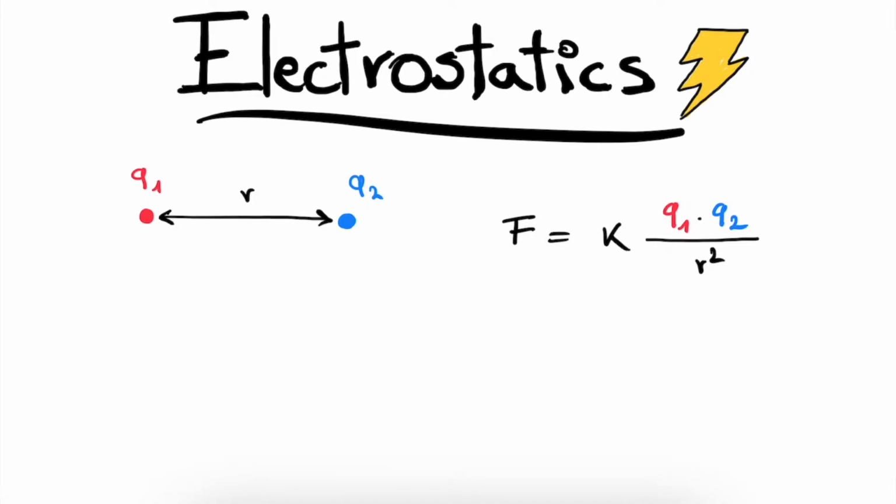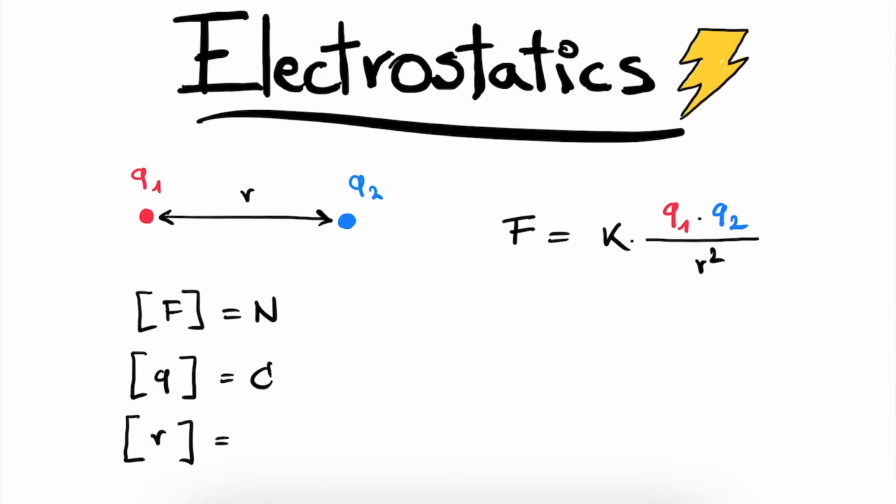And this peculiar k in front of the fraction basically takes care of the units, because force has units of Newton, charge has units of Coulomb, and distance is of course expressed in meters. Thus we see that on the right hand side of the equation we have units Coulomb squared divided by meter squared, and on the left hand side we simply have Newton.